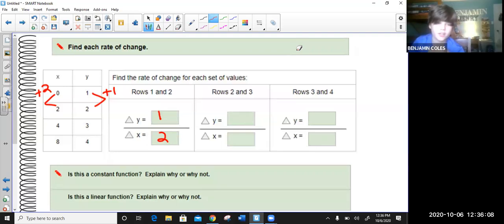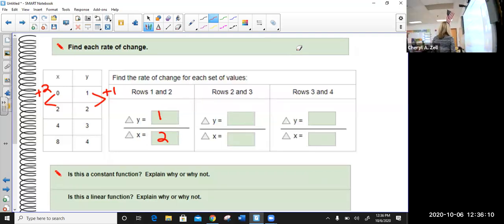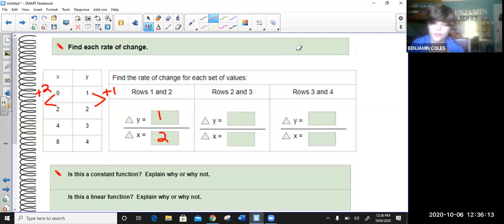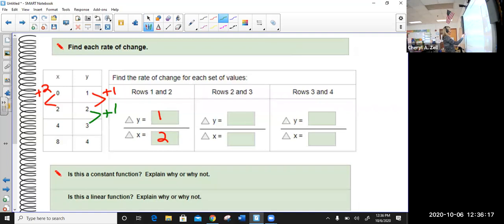Row 2 and 3. Yes. Row 2 and 3 is 1 and 2. Yep. So +1 and a +2. So that is the change in y over the change in x. Okay. And row 3, let's go with Malia.